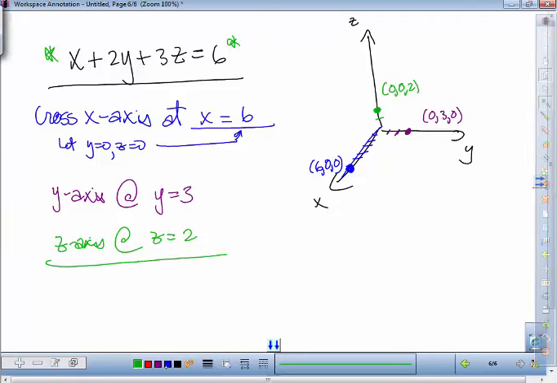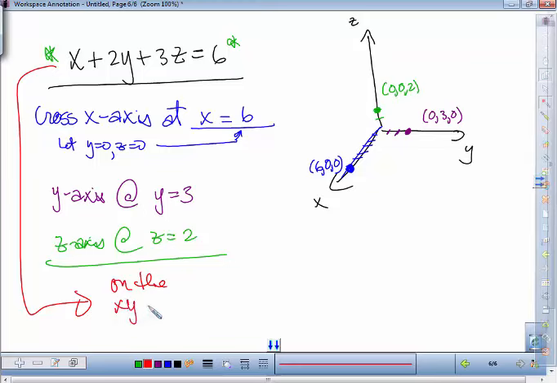But more specifically, if we take a look at this graph, not just at the axes, but actually on the xy plane. Now, what was the xy plane again? Z is equal to 0, right? So the xy plane is when z is equal to 0. So if I want to see this on the xy plane, I would set z equal to 0. And I would have x plus 2y is equal to 6.